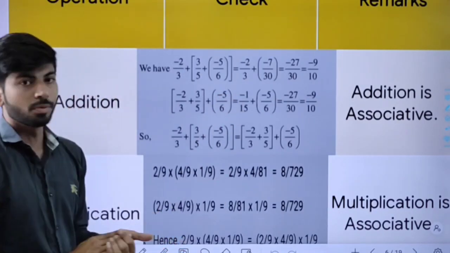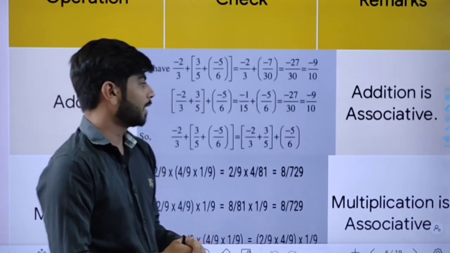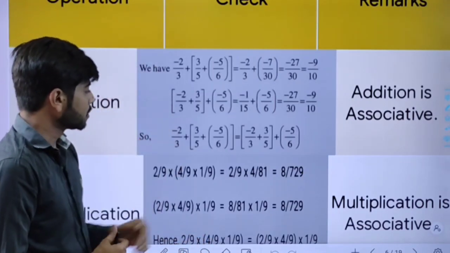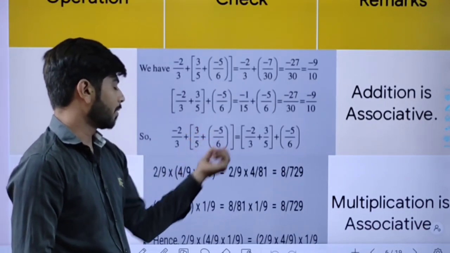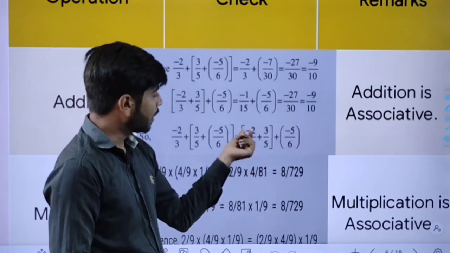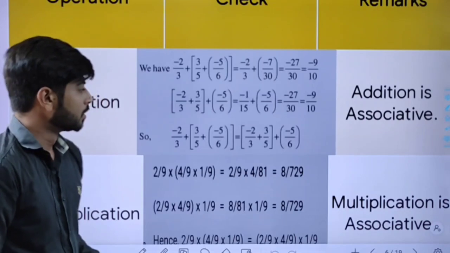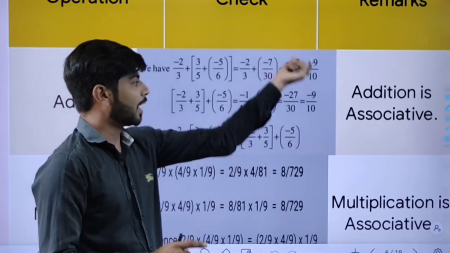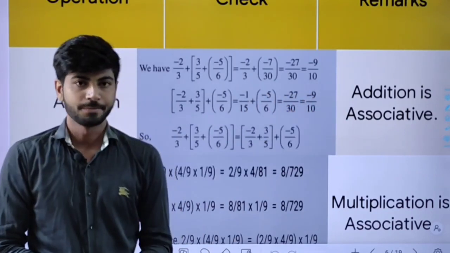If we change the group, we will also get the same answer, minus 9 upon 10. You can see on the left hand side we added 3 upon 5 and minus 5 upon 6 first, but on the right side we added minus 2 upon 3 plus 3 upon 5 first. But both the answers are same. So we can say addition is associative.